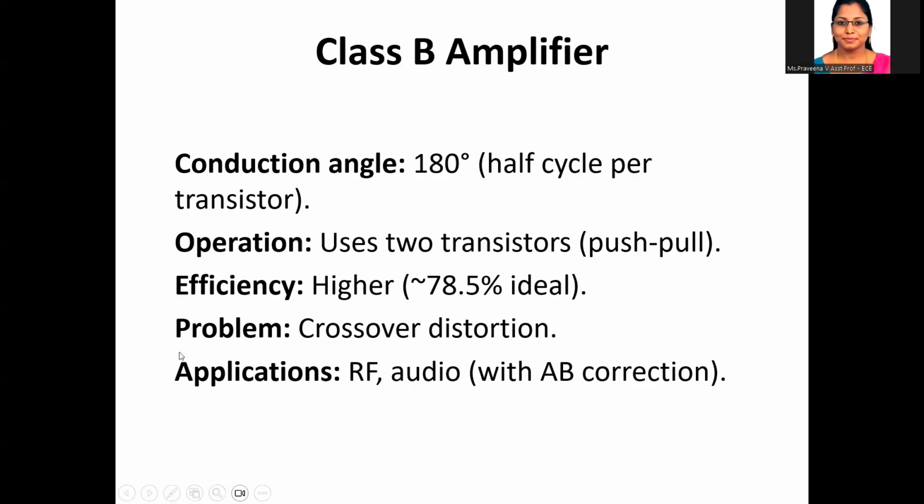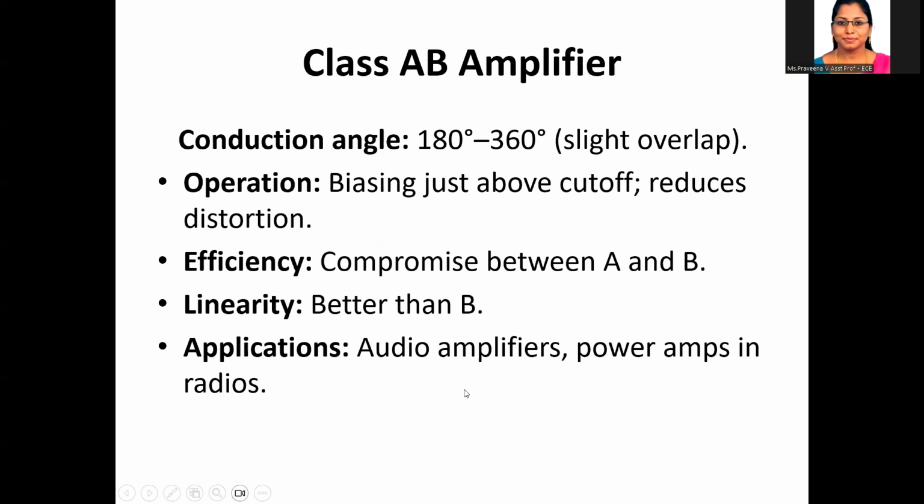So the conduction angle is 180 degrees and two transistors are used. The efficiency is higher and linearity is good but less than Class A. Applications are RF and radio.